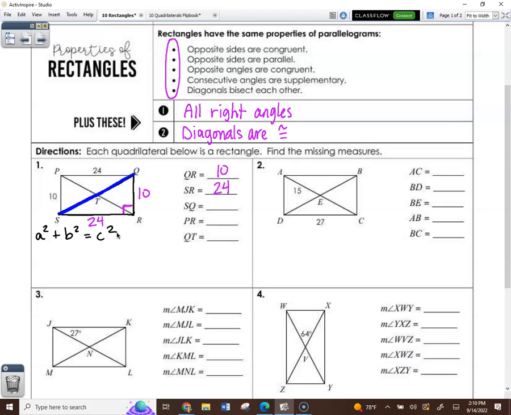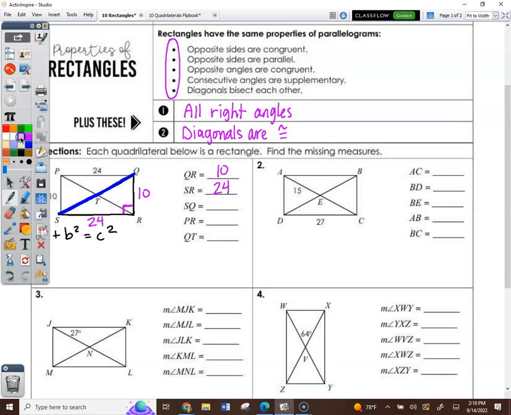The longest side. And the hypotenuse is always opposite of the right angle. So if you look at this picture, the hypotenuse is right here. It's the blue side.